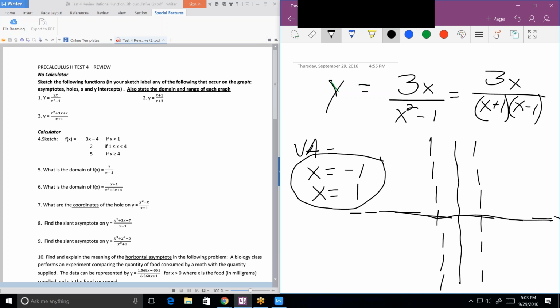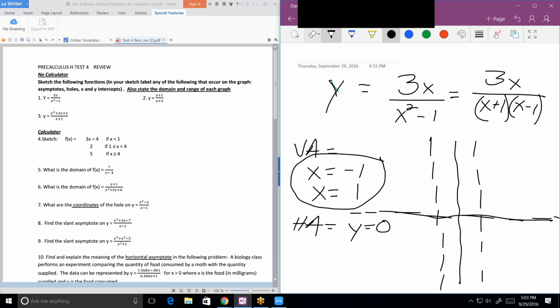Okay, so let's list that. Horizontal asymptote is y equals 0. Are there any holes? No.